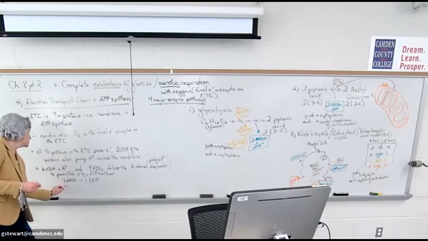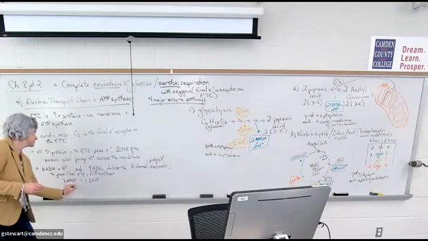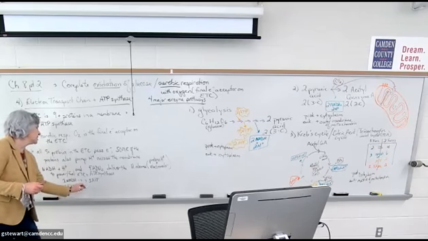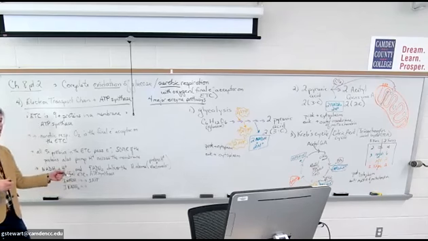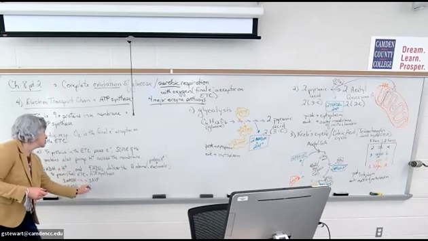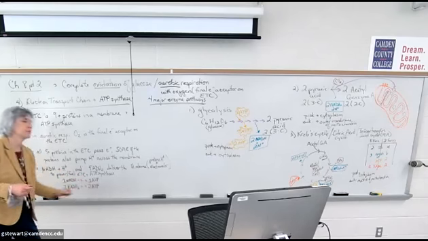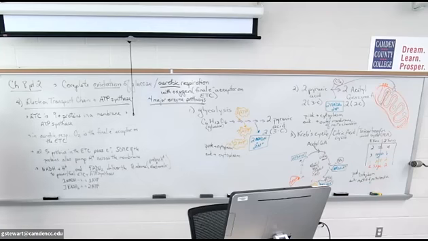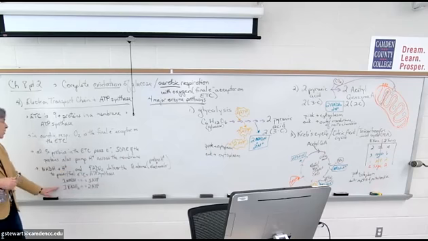One FADH2 delivers enough potential energy in the form of those protons to yield 2 ATP. That's going to be important for our accounting later. When we're adding up how many ATP we get from one glucose, we need to know one NADH brings us 3 ATP and one FADH2 brings us 2 ATP.